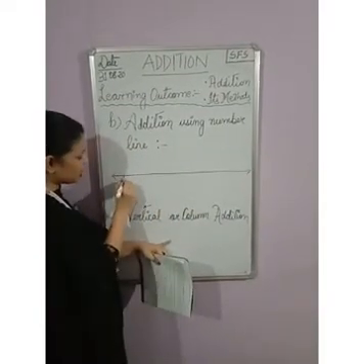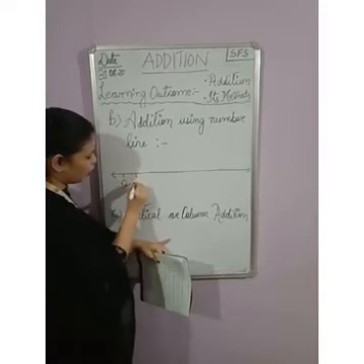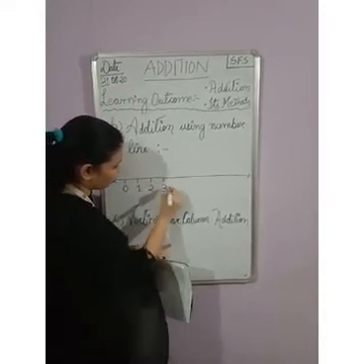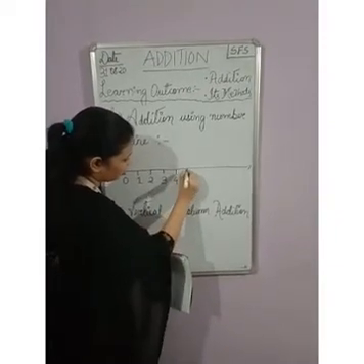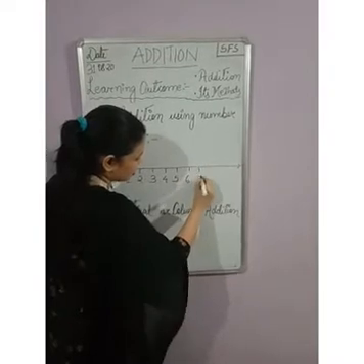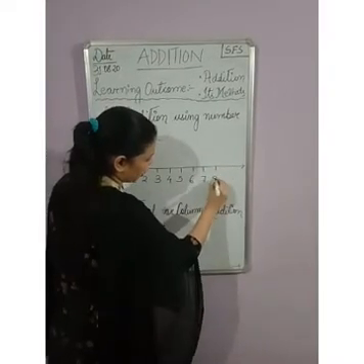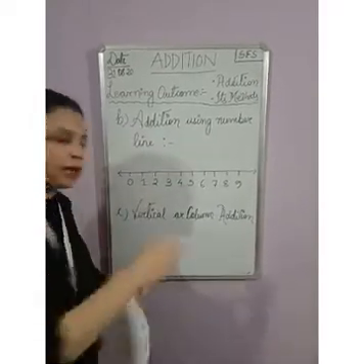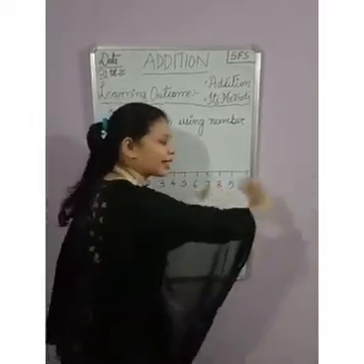I am starting with 0, 1, 2, 3, 4, 5, 6, 7, 8, 9. You can put any number, and you can extend it as far as you want.